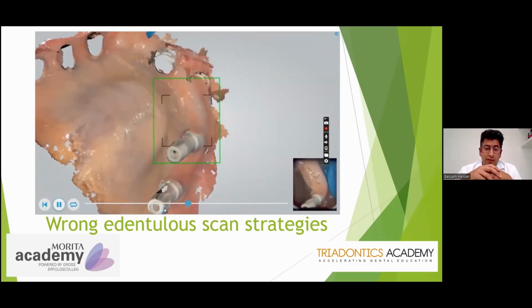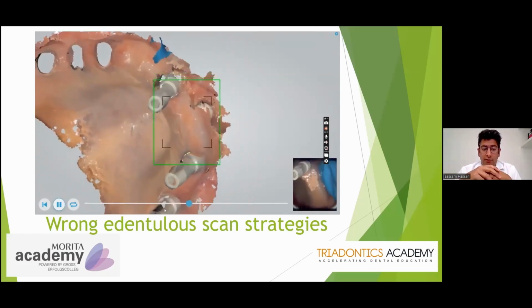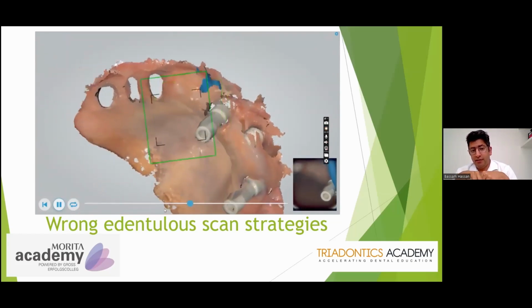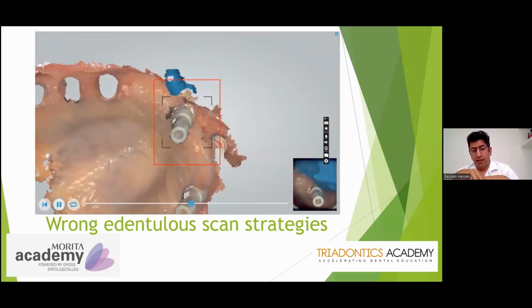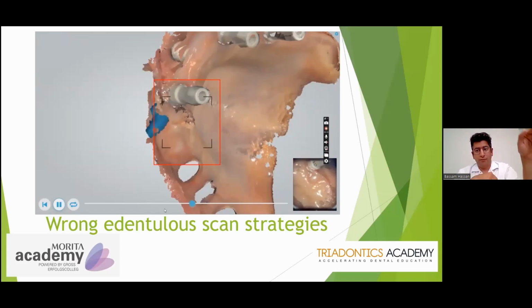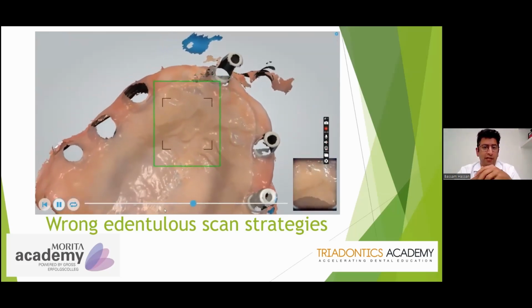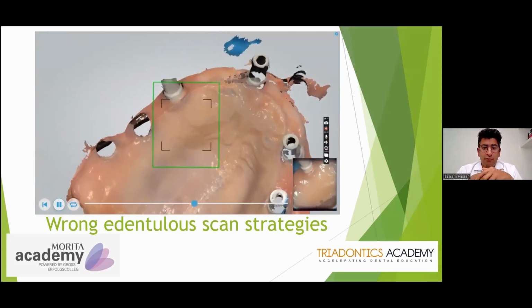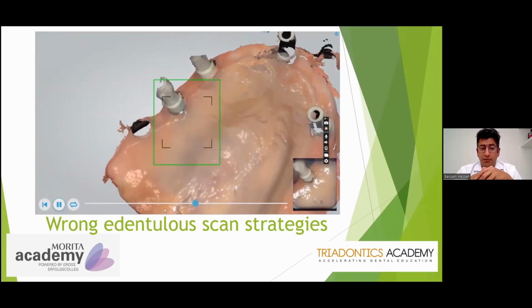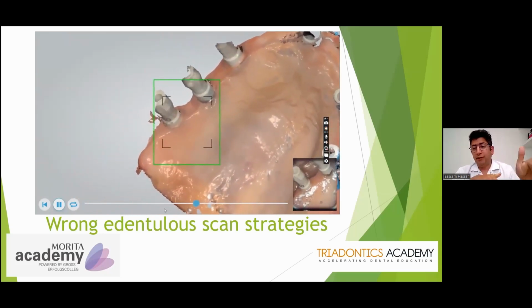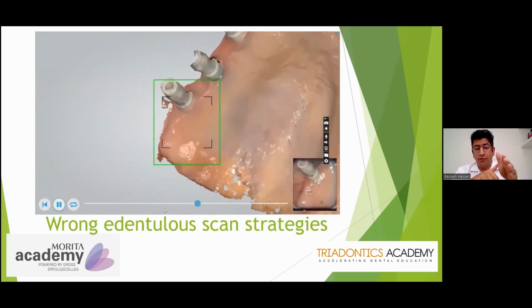If you are scanning 2 scan bodies and you're not going 360 around the scan body, but going from one side of the arch to the other side, you will start confusing the scanner because you are not going back to the palate to use it as a common reference.